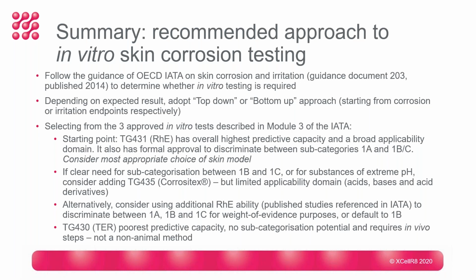And if you're unlucky enough to find that your chemical is not applicable for that test, what you could do is alternatively consider using the RHE capability in those published studies that I mentioned to discriminate between 1B and 1C for weight of evidence purposes.